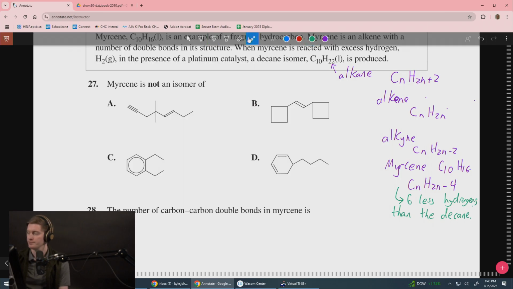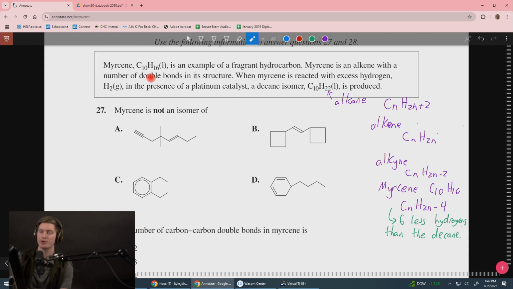Now, if you're reacting myrcene with hydrogen and you can get all the way to the alkane, it means that this hydrogen could add onto those double bonds. So it must be full of just double bonds. And they tell us that it has a number of double bonds.